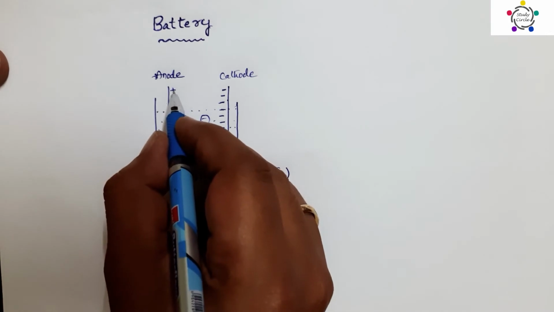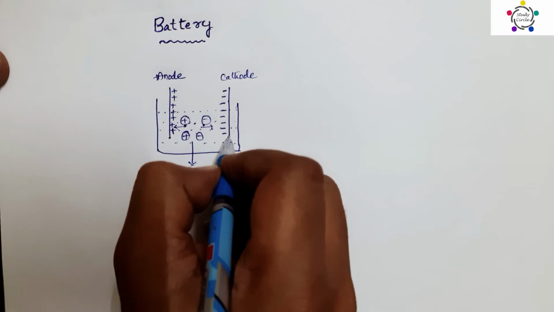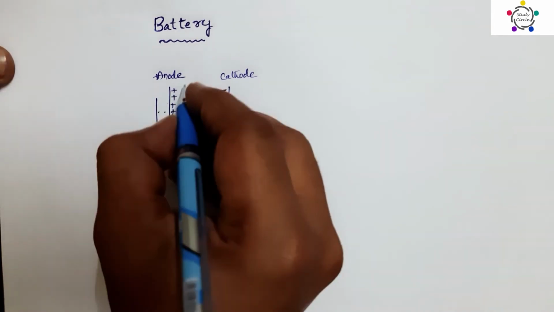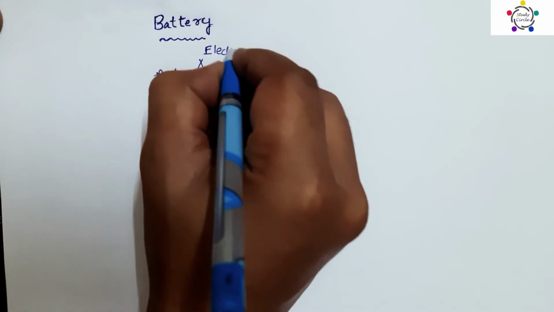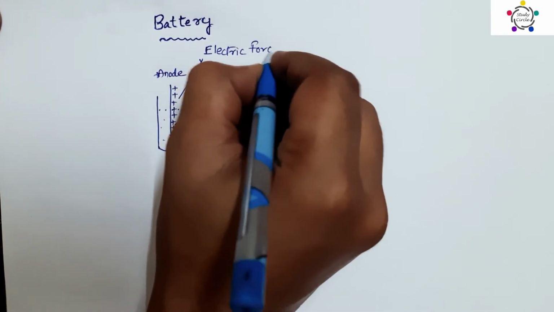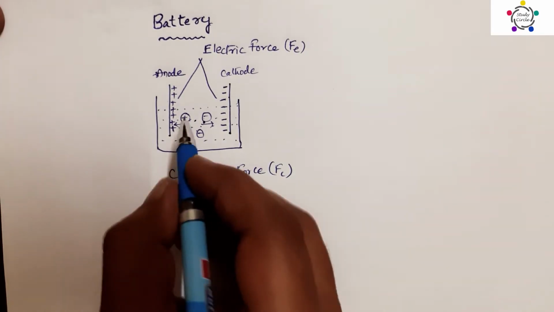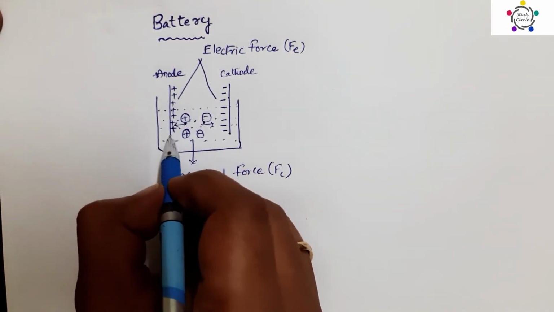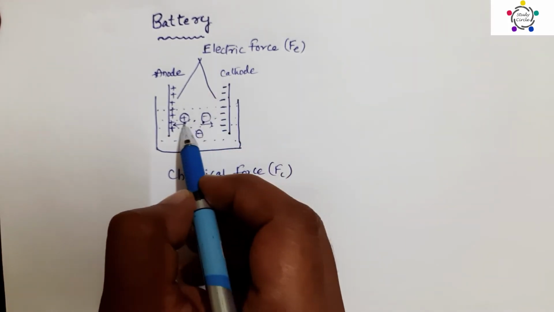Whenever sufficient charges are accumulated on the electrodes, another force acts on the ions.